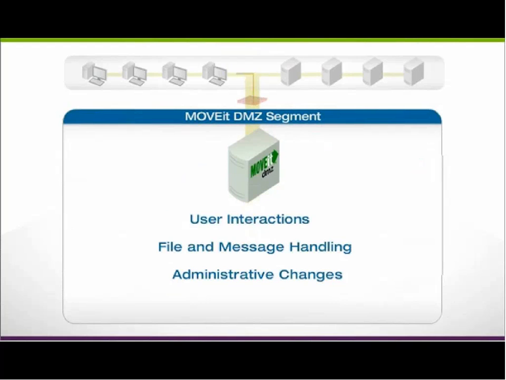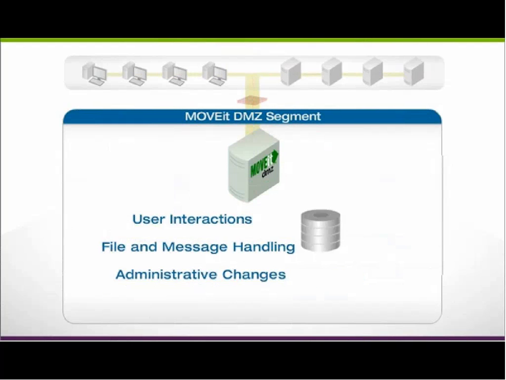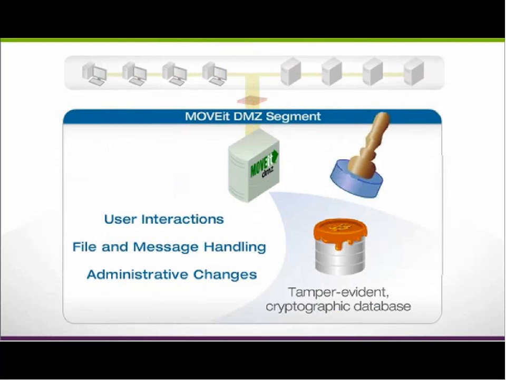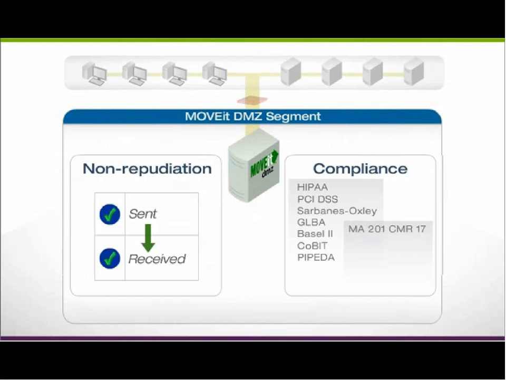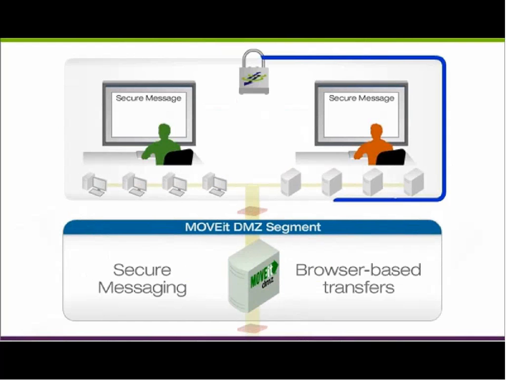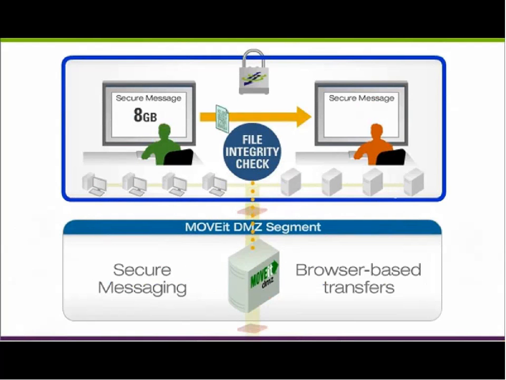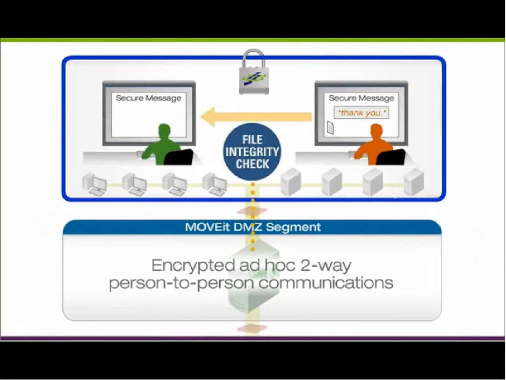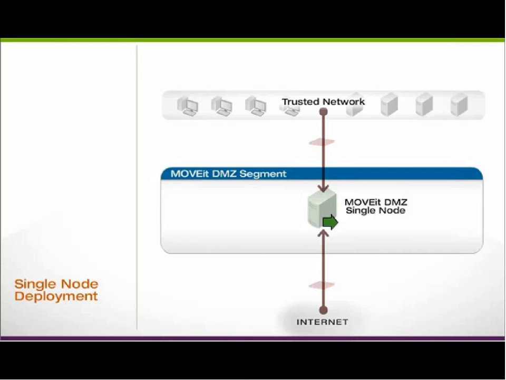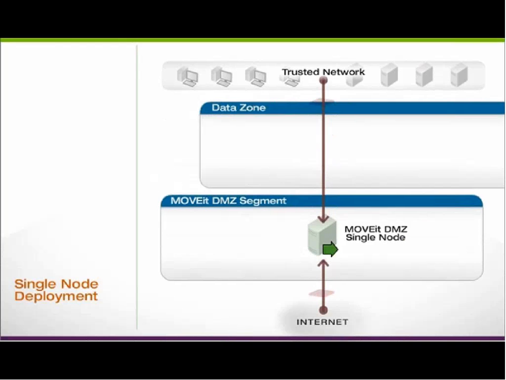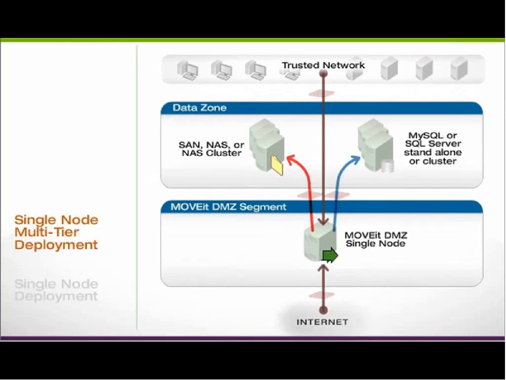Nothing happens on a MoveIt DMZ server without creating a record in the cryptographic tamper-evident database. All administrative and file transfer activities are logged for auditing and compliance. Secure two-way communications enable ad-hoc person-to-person messaging with attachments. Flexible architecture supports many network configurations, ranging from single to multi-tiered deployments.